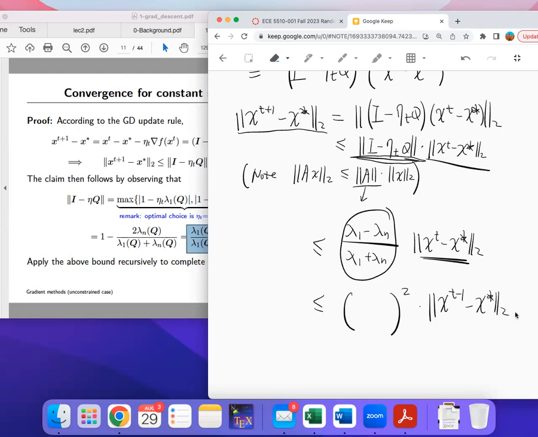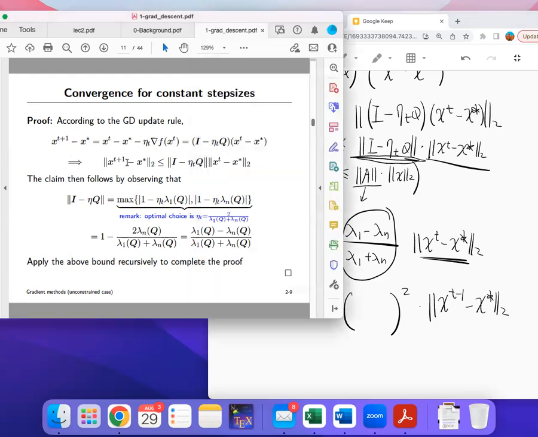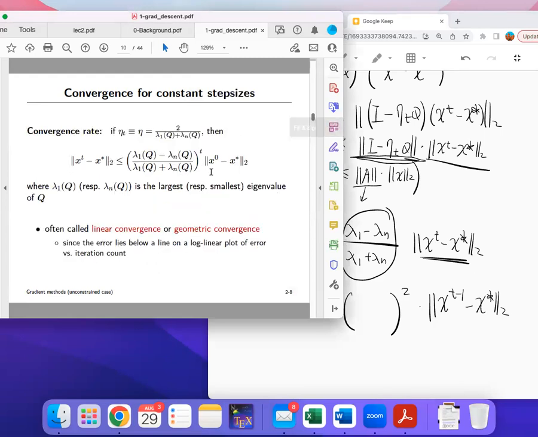And you just keep unrolling the recursion up to the initialization. So you will get the result. Once you unroll it t times, you can get this result. You unroll it until you get to the initialization point.